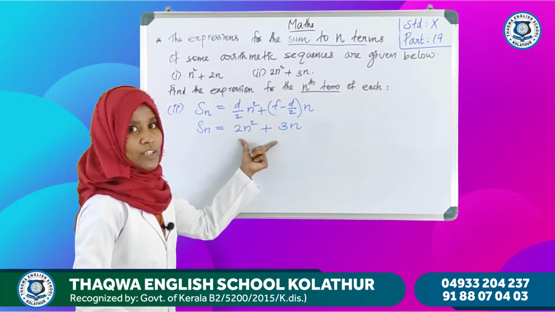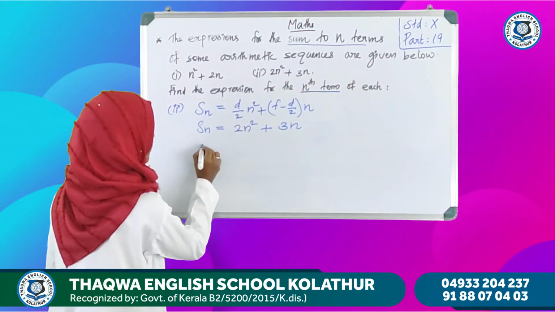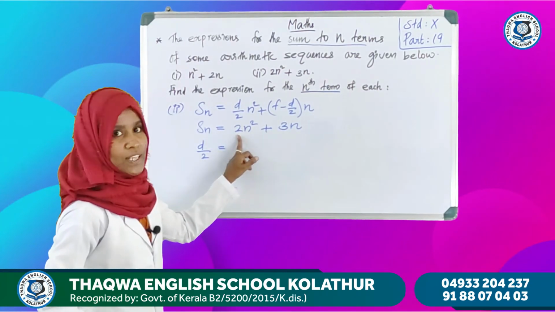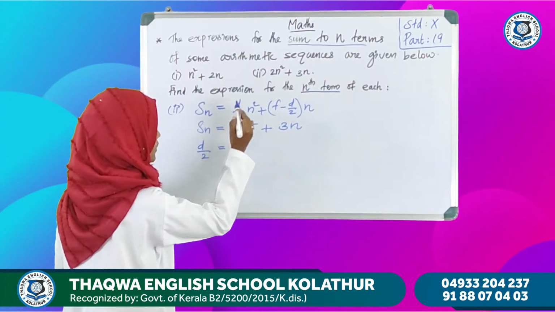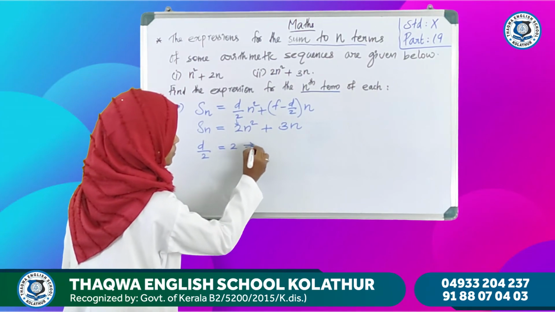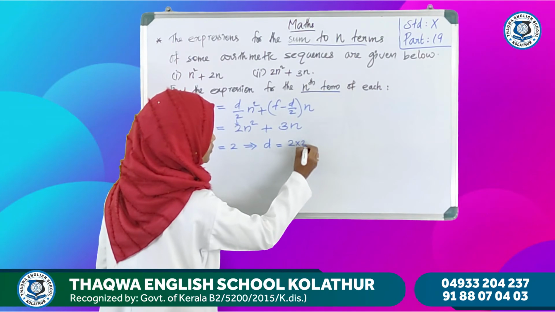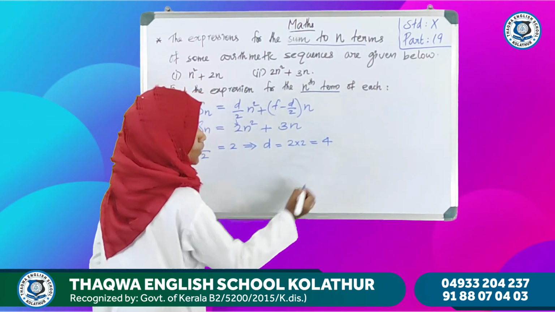Now just equate the coefficients. From this we can write d by 2 is 2. So d equals 2 into 2, that is 4.